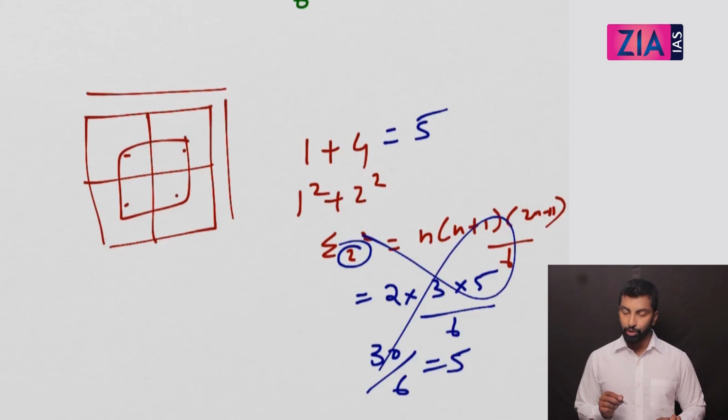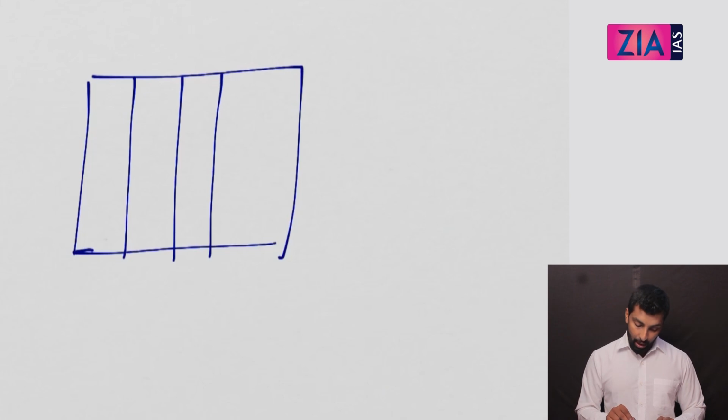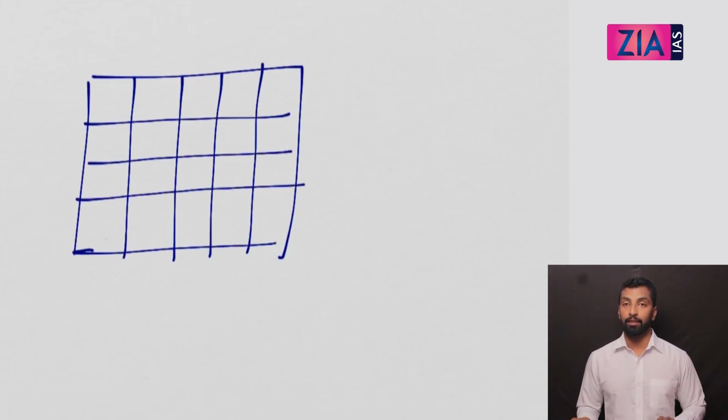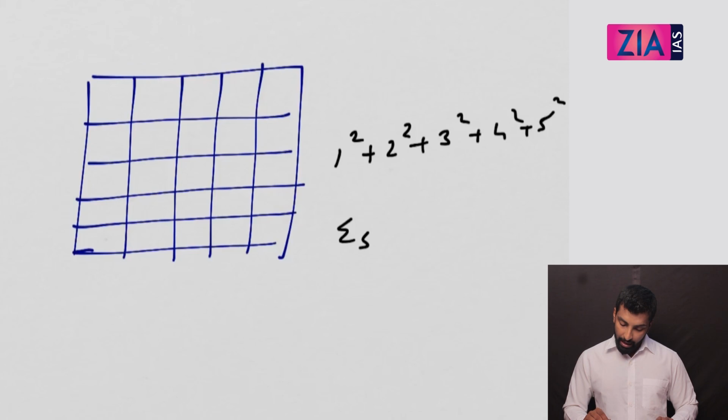Now all these things you don't want to do in this small case, but if I ask you a bigger case, like how many squares are there in a 5 into 5 square. In a 5 into 5 square, it will be very difficult for you to visualize or count, right? So how many squares are there in this? It is very difficult for you to count, but the actual answer will be 1 square plus 2 square plus 3 square plus 4 square plus 5 square. This is nothing but sigma 5 square.